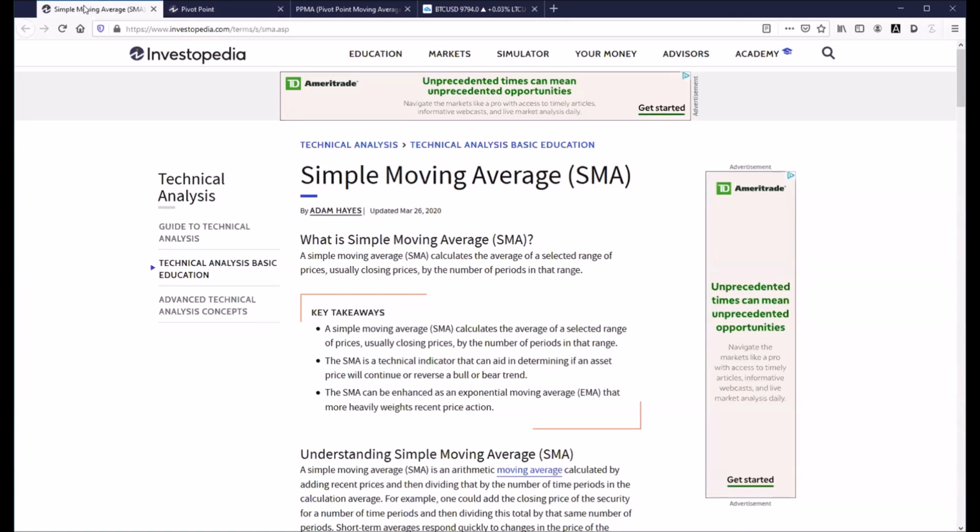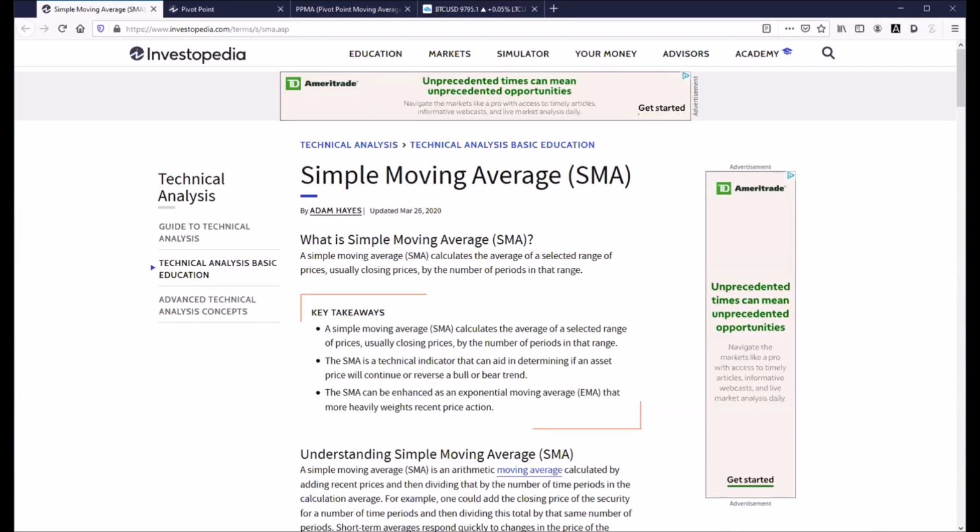And the thing about moving averages is people tend to forget some of the key points about what they're looking at. It's really important when you're using any indicator, whether it's a moving average, an RSI or a MACD, that you understand what the indicator is calculating and the nuances involved, because there are different types and subsets.